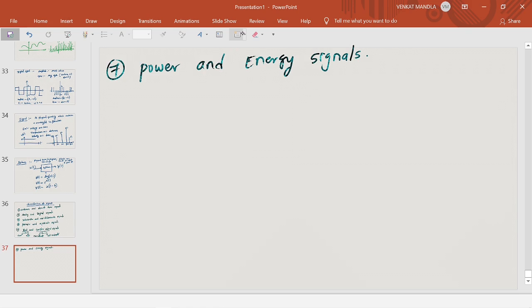These are some classification of signals, and there are no causal signals and non-causal signals. Okay, causal and non-causal signals will not exist. Causal and non-causal systems exist.